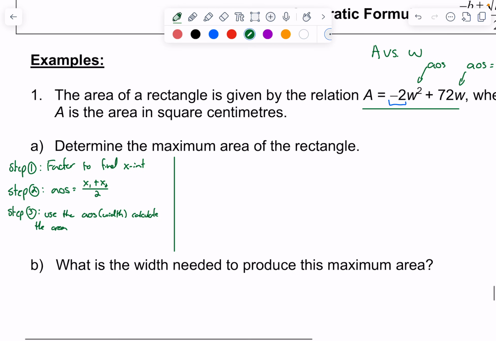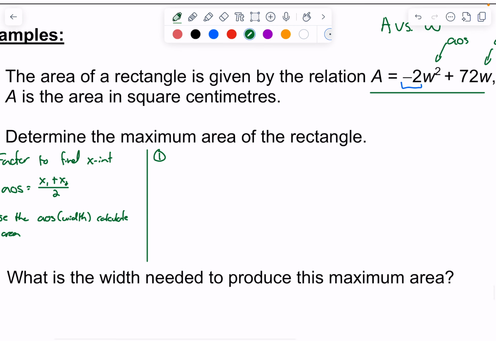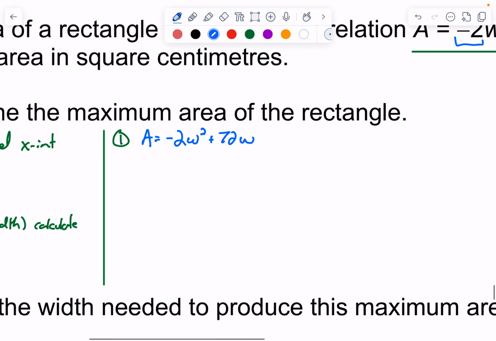So step 1, we need to factor. We have our equation, which is area equals minus 2w squared plus 72w. Well, factor this. So if you notice, you can take a negative 2w out from both terms. That would result in negative 2w, leaving you with a w here, minus 36.